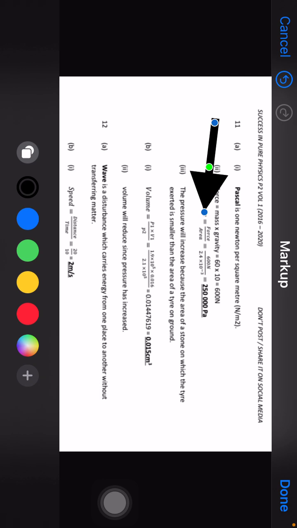So to define acceleration using that formula, you can simply say acceleration is the change in velocity per time taken. That's the beauty of physics. You just need to know the formulas.